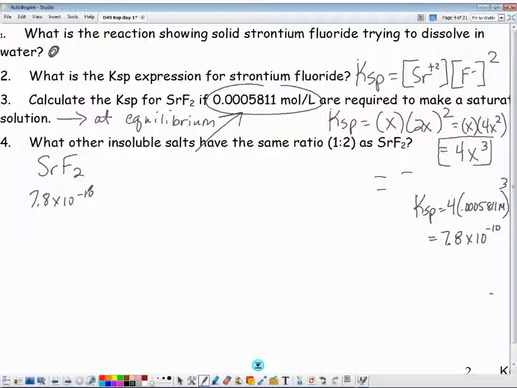I'm thinking of one that's yellow. You pick one. That was mine. No, look on your KSP chart and find one that's a 2 to 1 or 1 to 2 ratio in the subscripts.